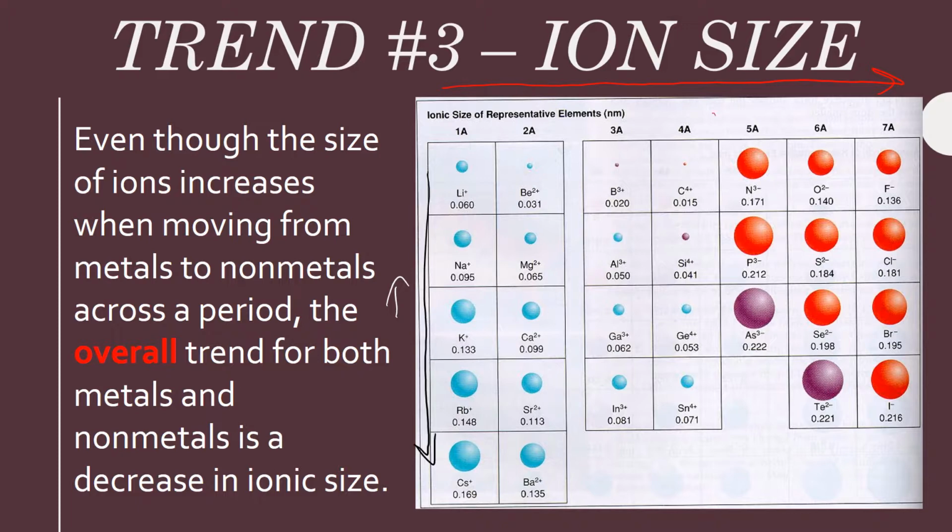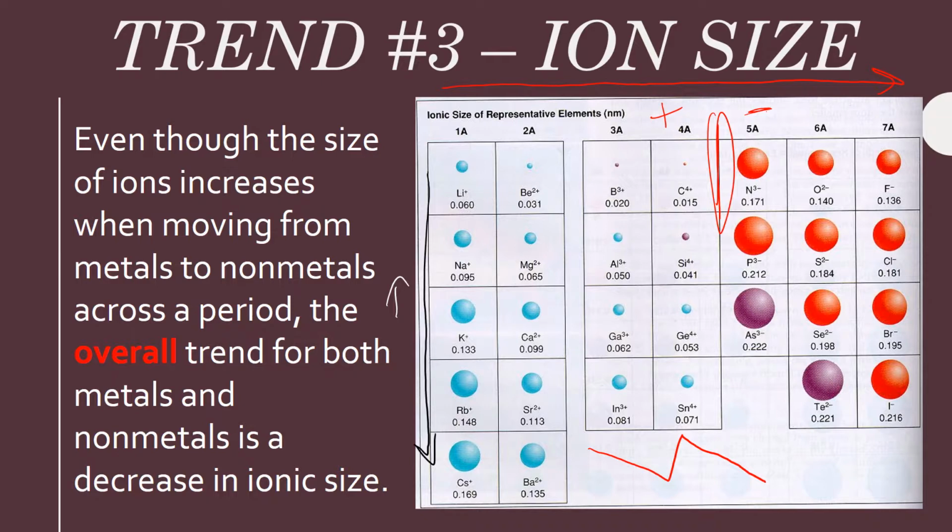However, there's this spot right here where you go from having cations on one side to having anions on the other side, where the radius jumps up. So the radius is going down and it goes back up, but then it starts going down again. The overall trend is still that it is getting smaller. The ion size is decreasing as you go from left to right.